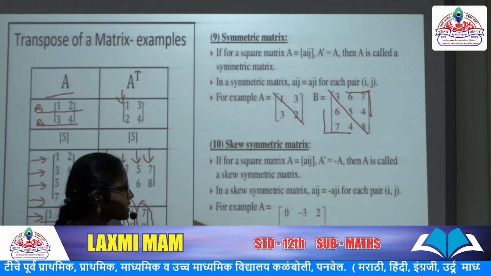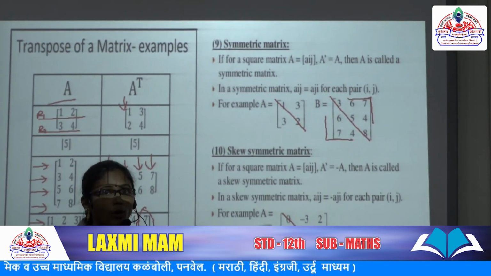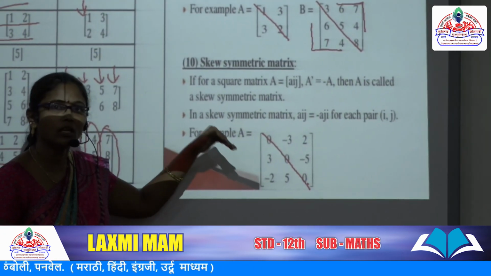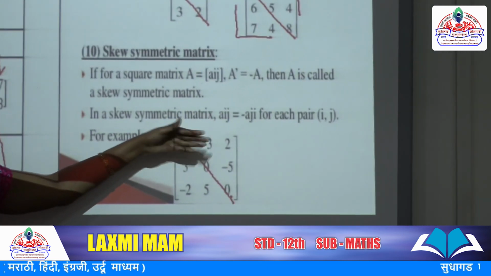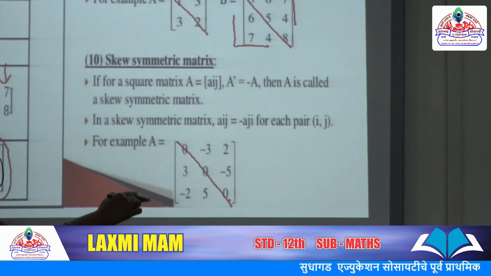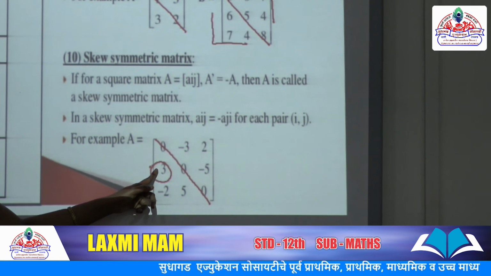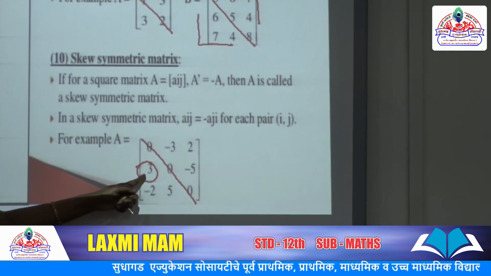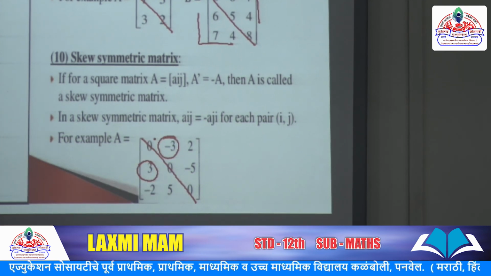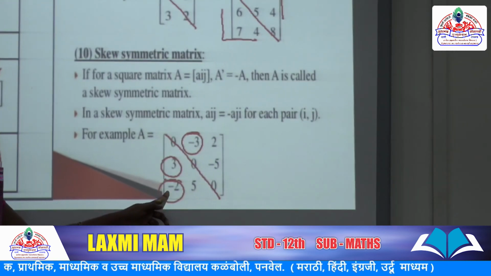Skew symmetric matrix, how is it? If above the diagonal there are numbers, their negative should come below; if below is negative, above will be positive, and if below is positive, above will be negative. See the elements below the diagonal and above the diagonal. Look, below the diagonal it is positive 3, above the diagonal its negative, minus 3. Below the diagonal negative 2, that is minus 2 is here.